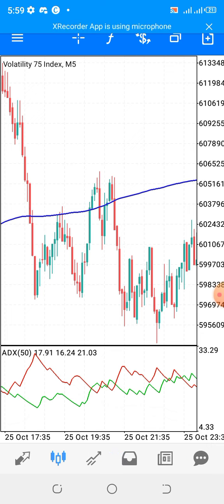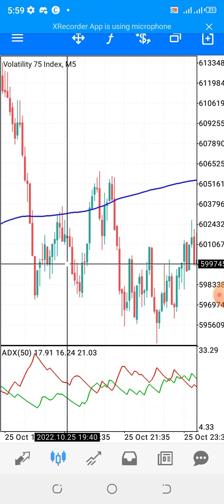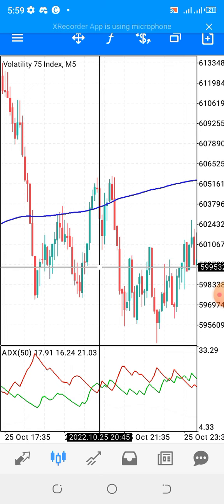Now look here. There is a crossing here. That is a downward crossing where the red line of ADS crosses. You see that the candlestick where the crossing occurs is the particular candlestick that crosses the moving average, which is not a good entry, because the candlestick must have crossed the moving average before the crossing occurs in the side of ADS.